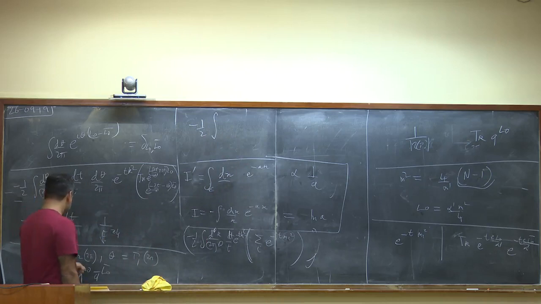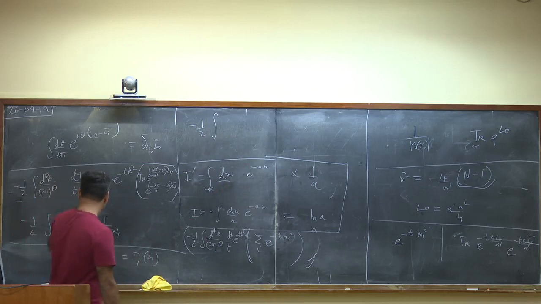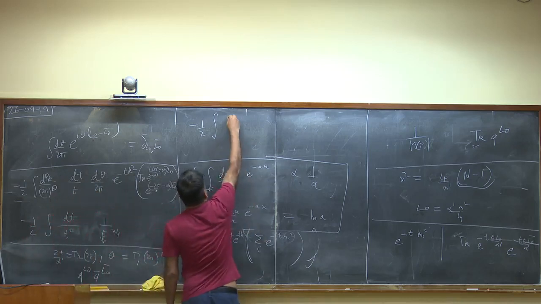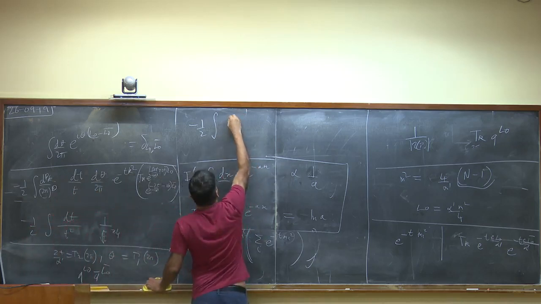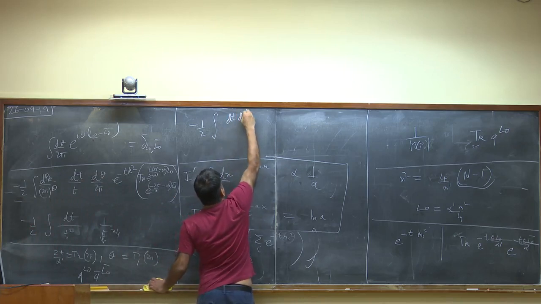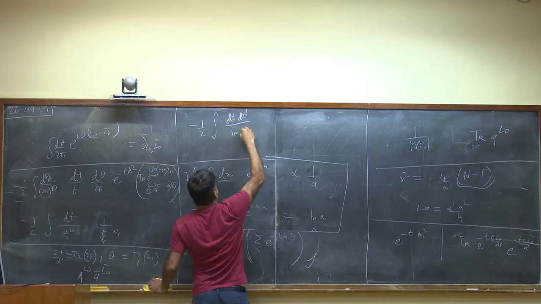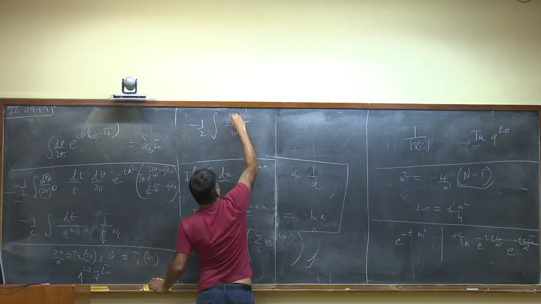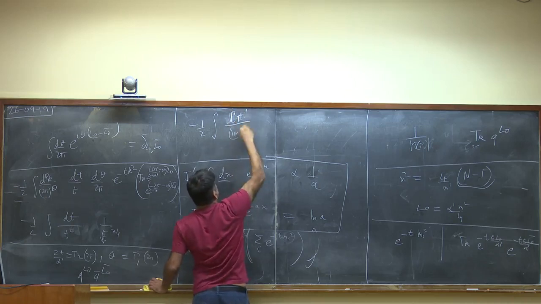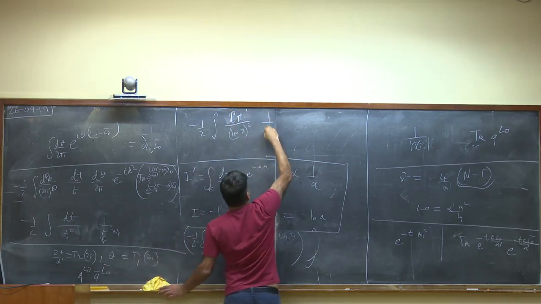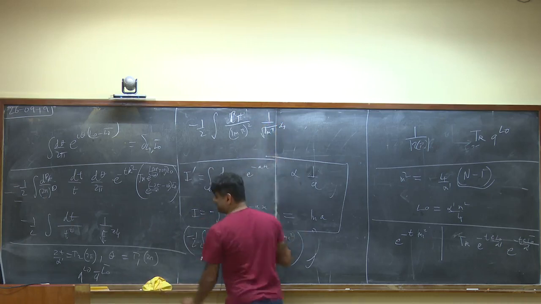This t is replaced by Im tau because it's tau 2. It's minus half dt d theta divided by Im tau, which is the same as d2 tau over Im tau, the whole thing squared, times 1 over Im tau to the power 24.